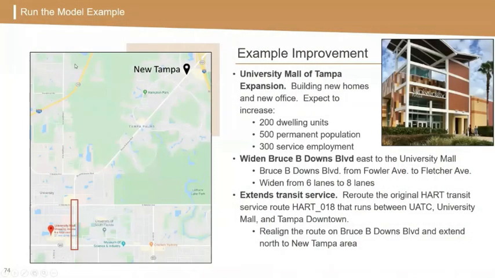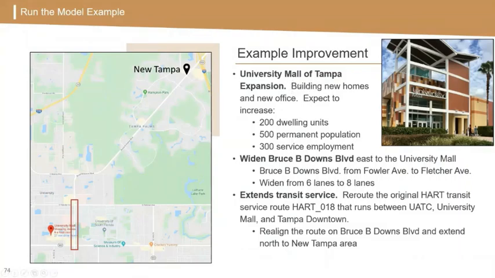So here we're using a model example to cover this section. This is only an example, and there's nothing related to the real world. The example would be the University Mall of Tampa, west of the USF area. The example shows that we do some improvement for this University Mall.